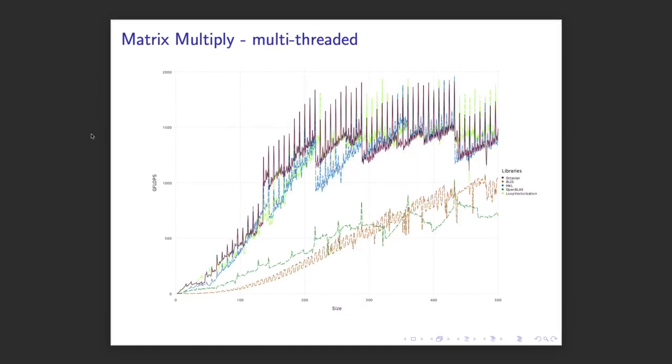A flashy but relatively straightforward example of an operation built up of many small single-threaded matrix multiplies is a larger multi-threaded matrix multiply.